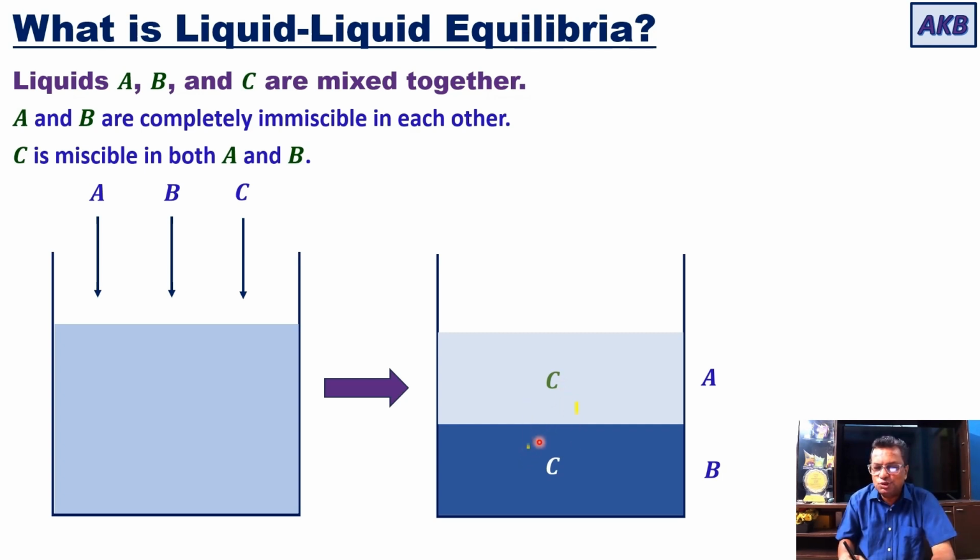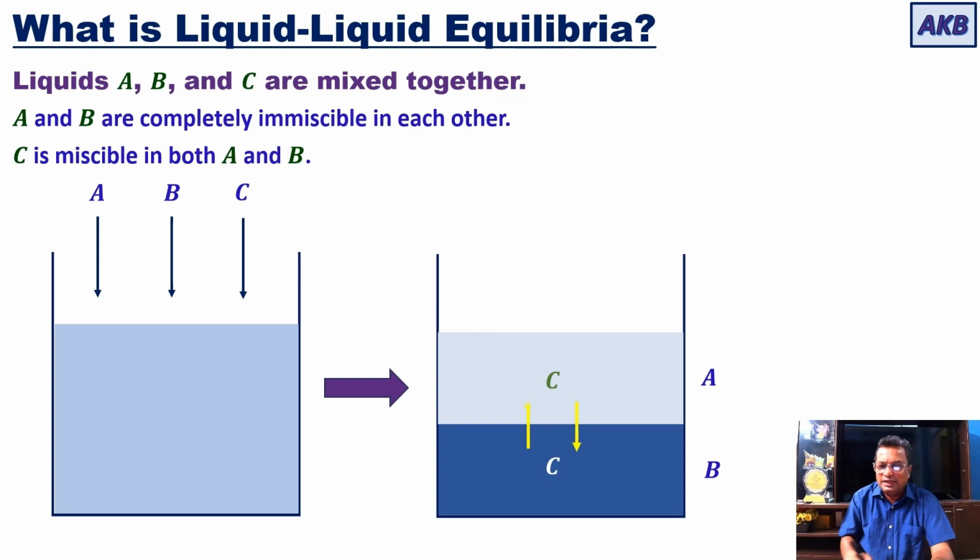The rates of these two processes, which two processes? The process of C transferring from liquid A to liquid B and the process of C transferring from liquid B to liquid A. After sufficiently long time, the rates of these two processes become equal. That is, the amount of C moving from liquid B to liquid A is the same as that moving from liquid A to liquid B.